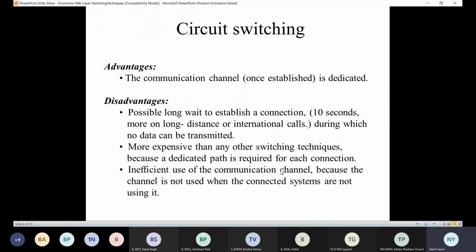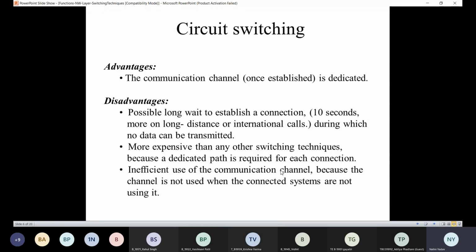Then it is more expensive than any other switching technique because a dedicated path is required for each connection. And the last disadvantage is that it is an inefficient use of a communication channel. It may happen that both systems are connected, and at this moment they are not transferring data.